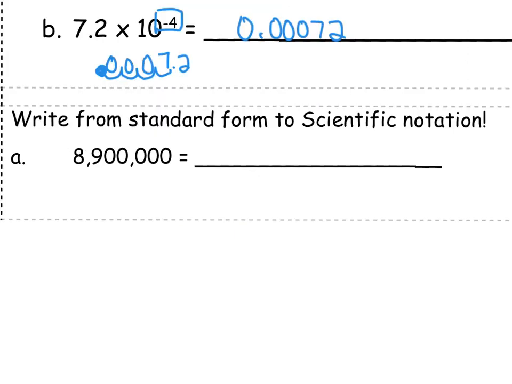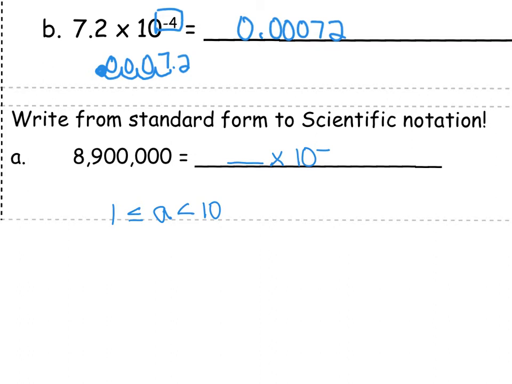Writing in scientific notation, the only tricky part, because we know that it's going to be some number times 10 to some exponent, is that a has to be less than 10 but greater than or equal to 1. So it has to be in between there.